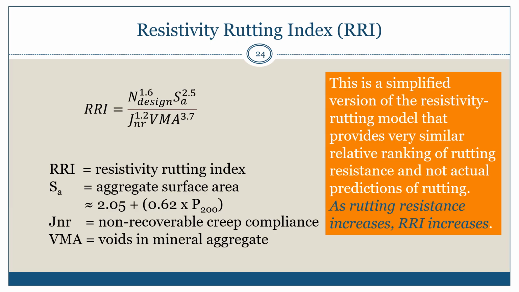It can be a little tricky to measure or estimate that. So what I've put in here on this simplified model is a way of estimating that based upon the passing 200 material or the mineral filler. That equation allows you to predict surface area by adding 2.05 to the product of 0.62 times the amount passing the 200 sieve.